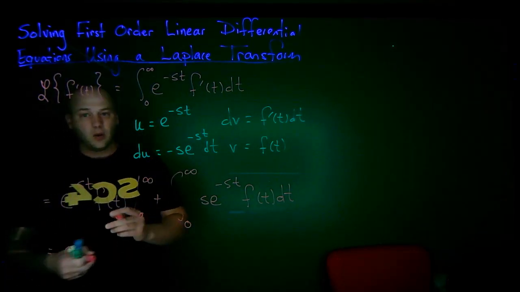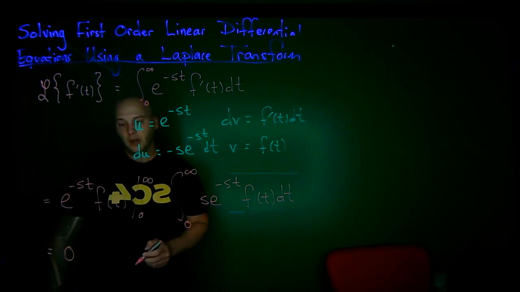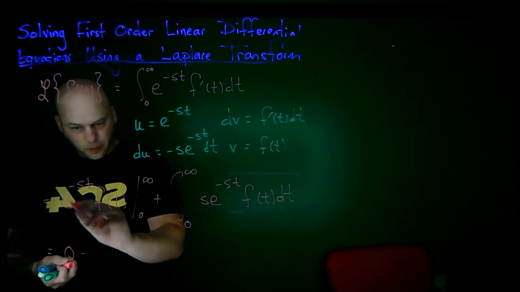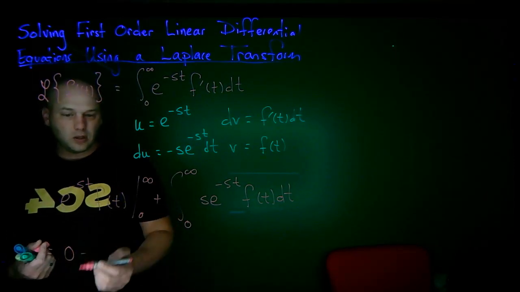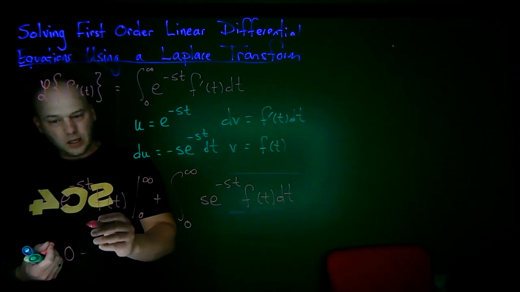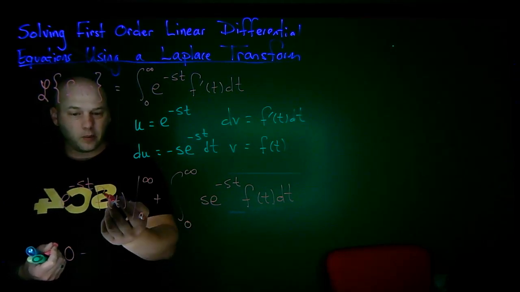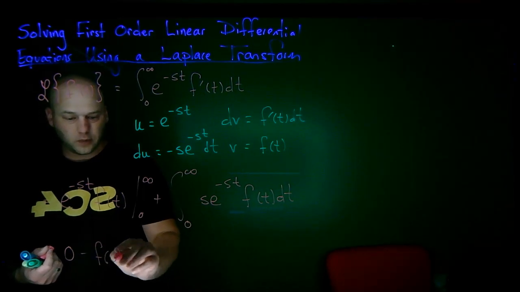And then minus the part of the antiderivative evaluated at the lower limit of integration being 0. Plug in 0 for t, I get e to the 0, which of course is 1, and then I would get f of 0, so the function evaluated at 0.